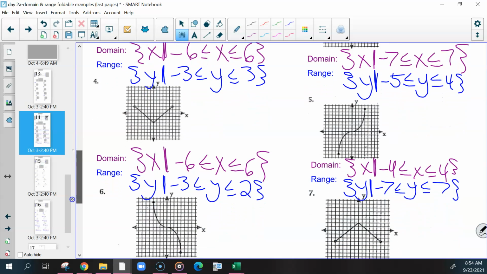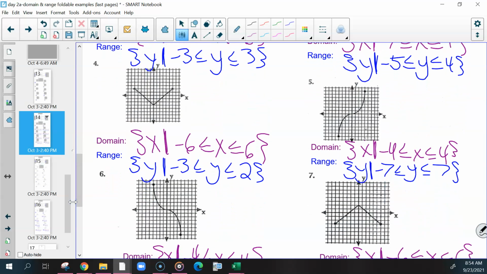4 and 6. So here's 4, and then I'll slow down to 6 in 1 second. Number 9 on this page.